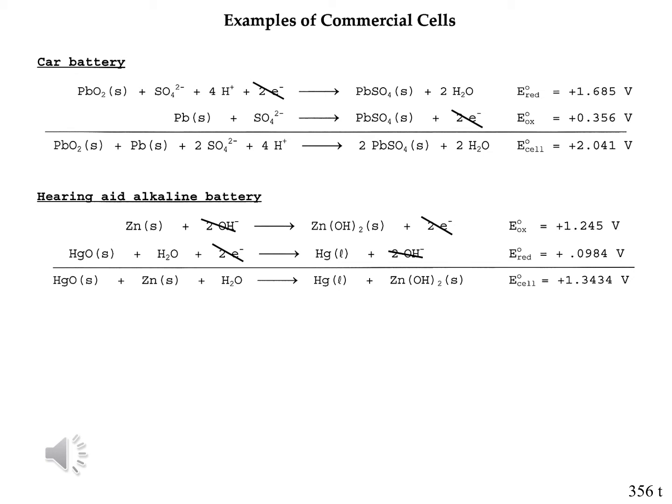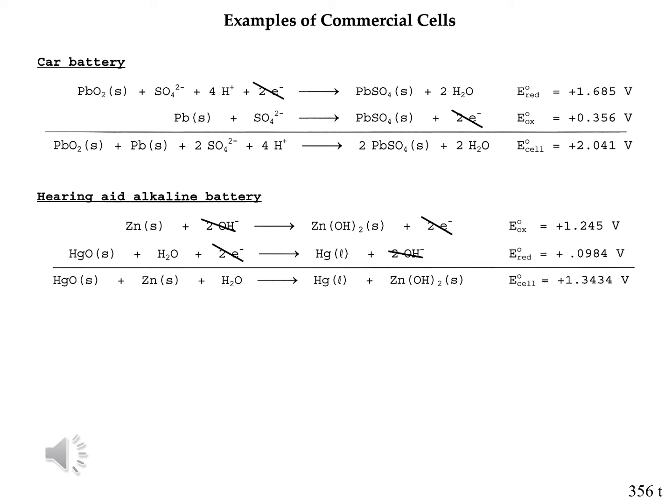The thing is that all batteries have to be based on two half reactions, because the half reactions need to be able to transfer electrons through a wire. That's how you make a battery. And you can add the voltages here to get the overall voltage. This is called an alkaline battery because it's under basic conditions, OH-.